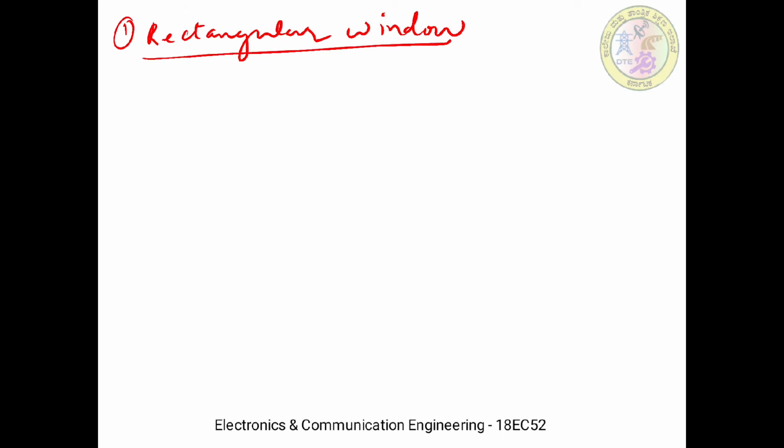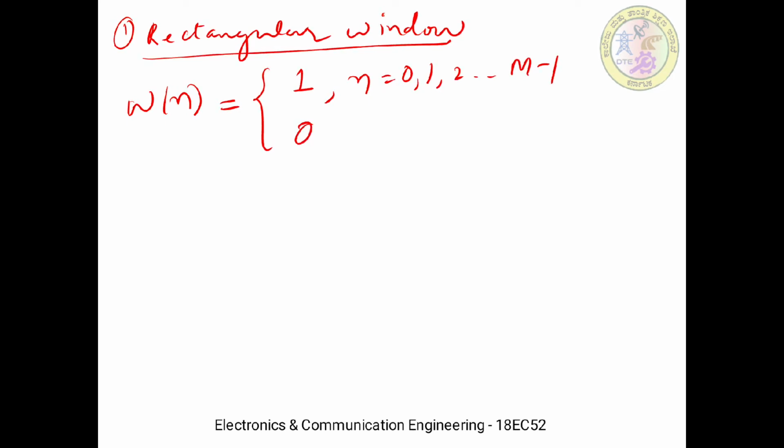The M point rectangular window is defined as follows: the window function W of n has the value 1 for n equal to 0, 1, 2 up to M minus 1, and its value is 0 otherwise. Call this equation 1.